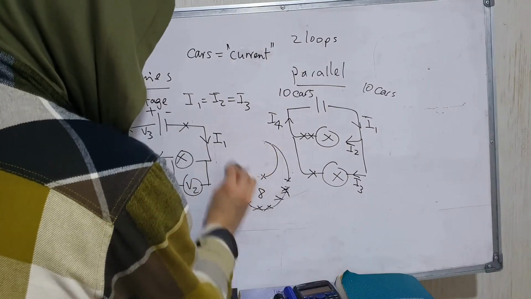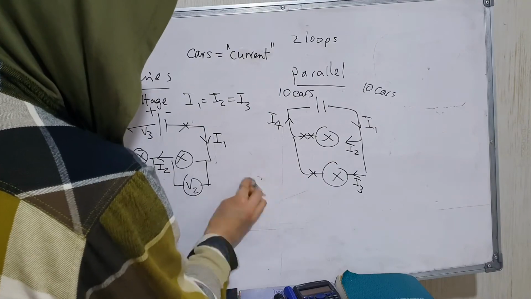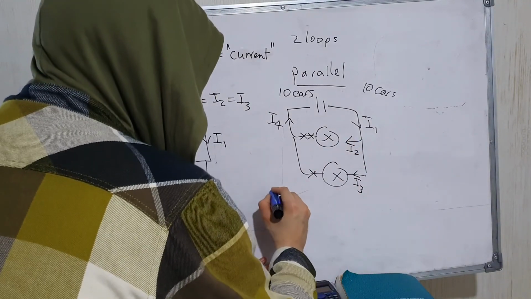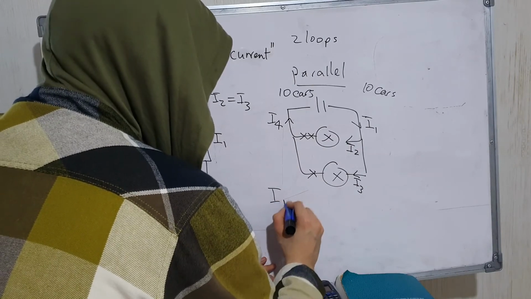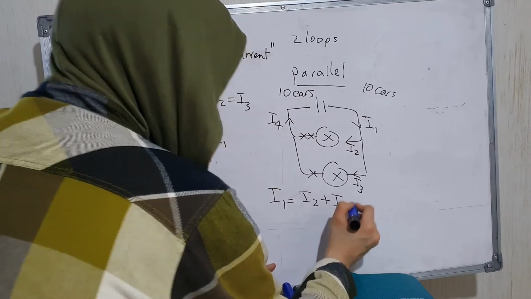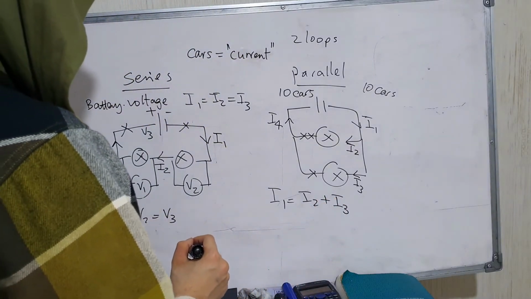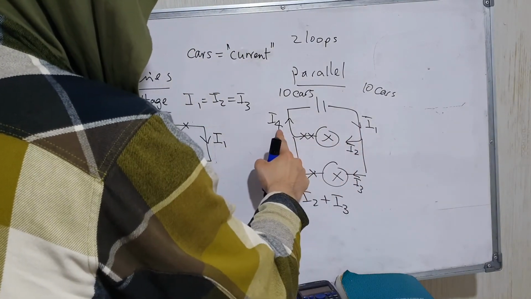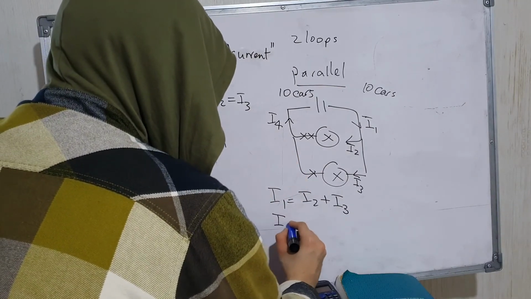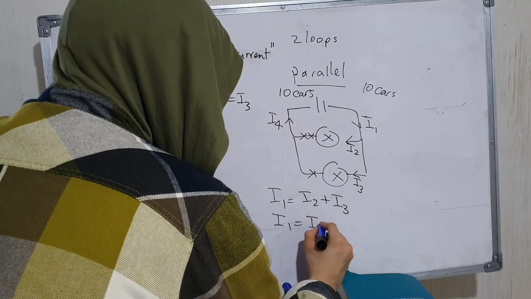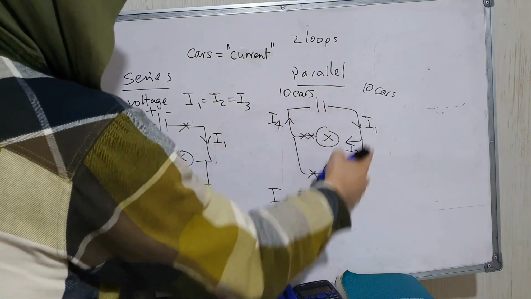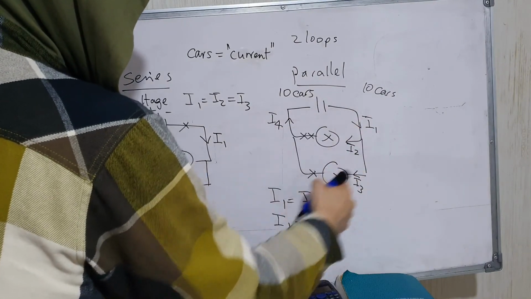So the current is not necessarily the same, but what we do know is that I1 is equal to I2 plus I3 at any time. And you know that I1 must be equal to I4, because this is what's common in both of them.